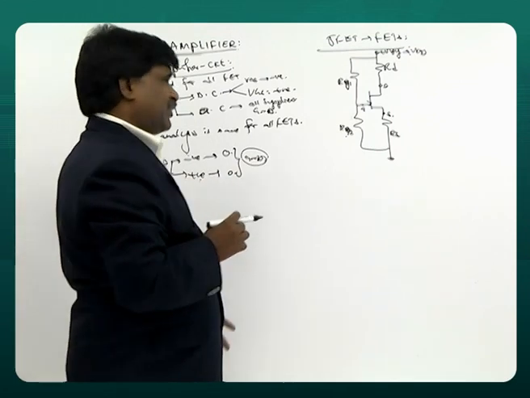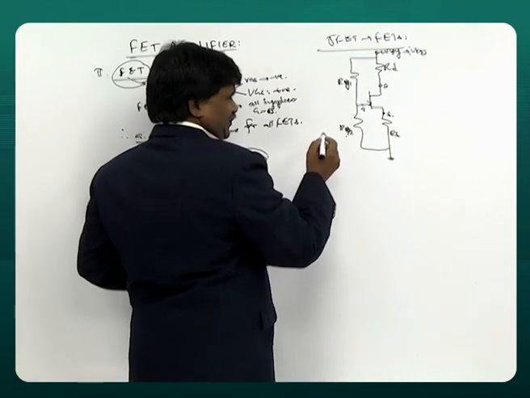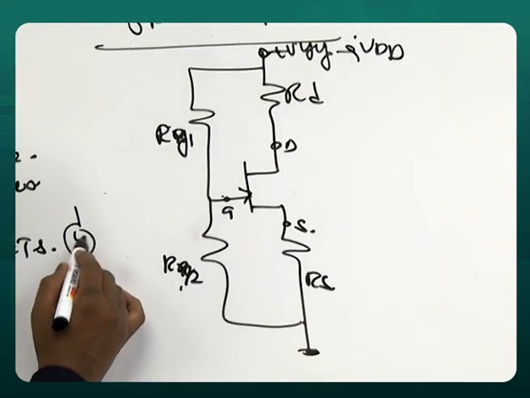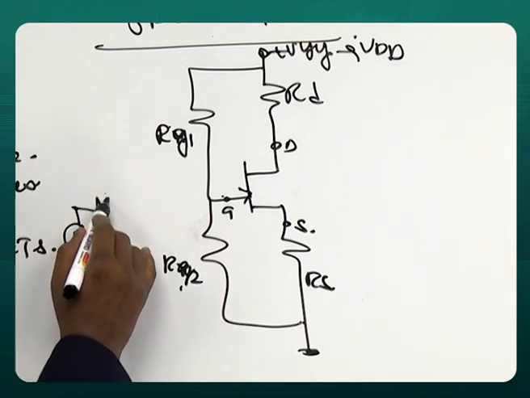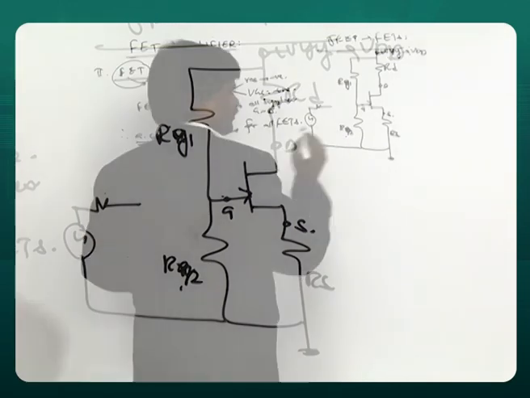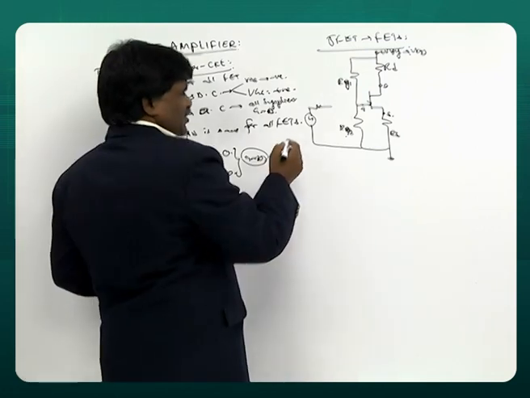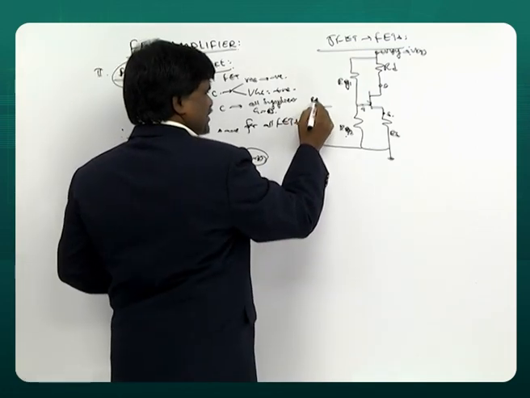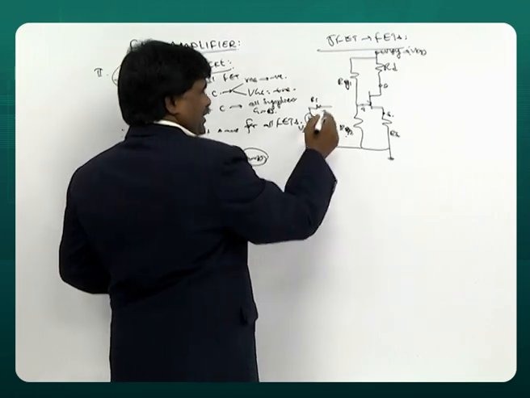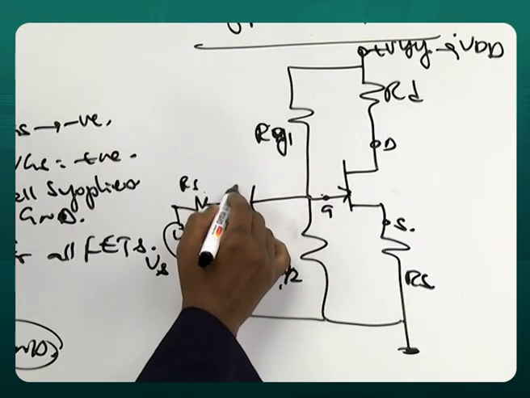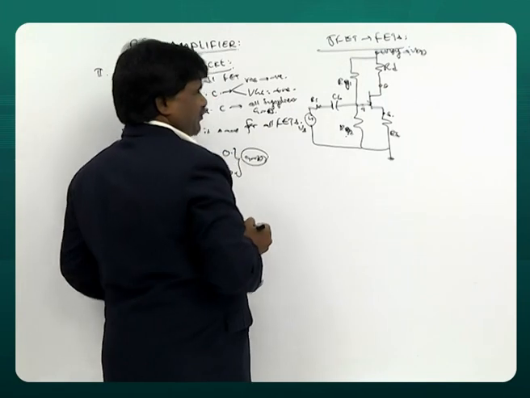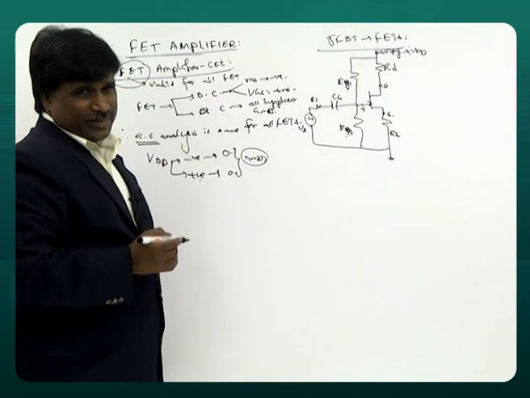To make it an amplifier, I need to give AC. If I am giving a source, there must be some source resistance, because every source will have a resistance inside. That's called source resistance, Vs, Rs. Then you have a capacitor here, Cb, a blocking capacitor.